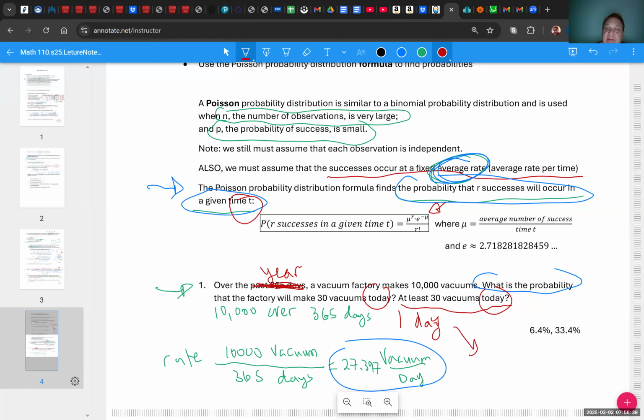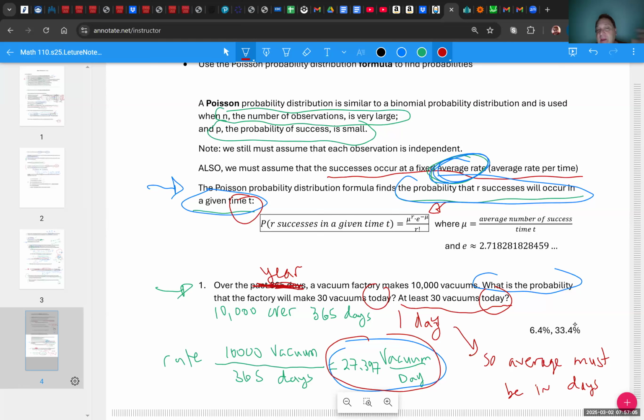So this means the average must be in days.